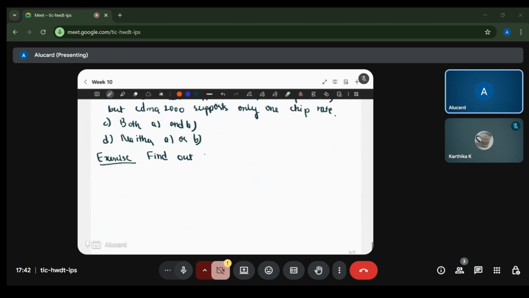Find out if CDMA 2000 is better than WCDMA in any aspect.